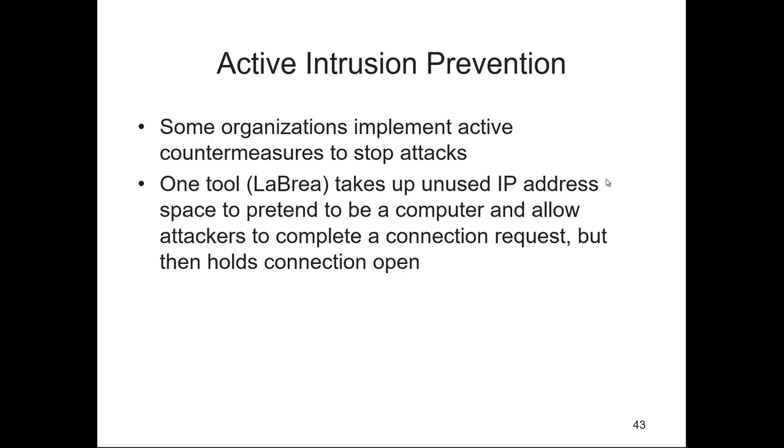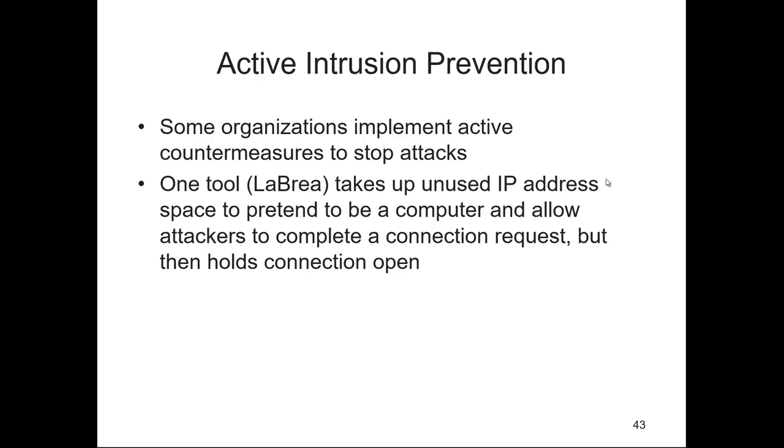Some organizations implement active countermeasures or active intrusion prevention to stop attacks. One tool that provides active intrusion prevention is called LaBrea, which pretends to be a network device taking up an unused IP address space within a network.